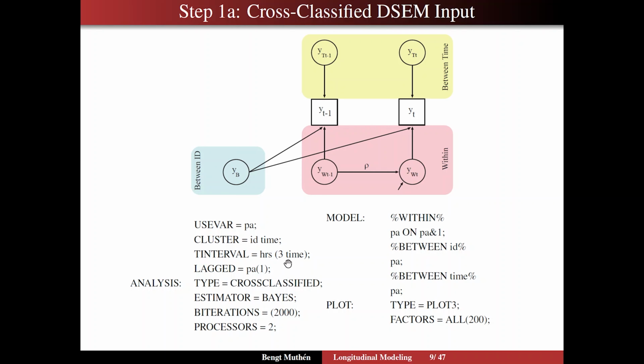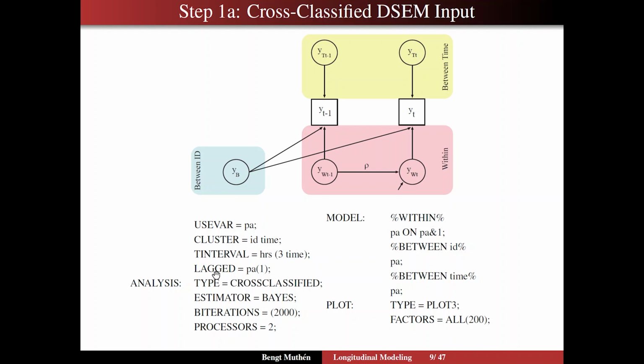The time variable that is created is called time, an integer variable that goes from 1, 2, and up. You can name it yourself, and it should be the same as the second cluster variable on the cluster option.